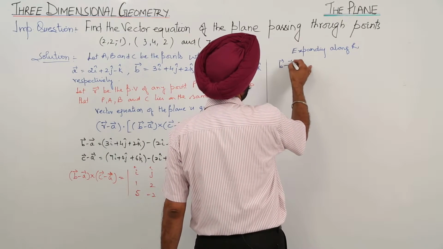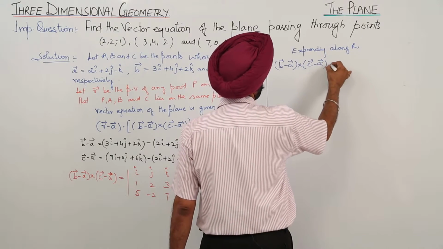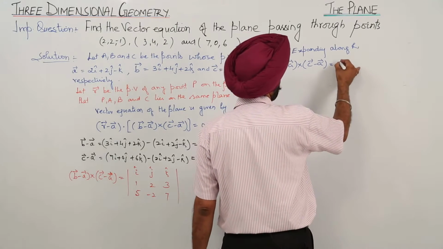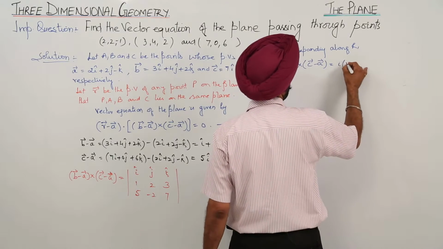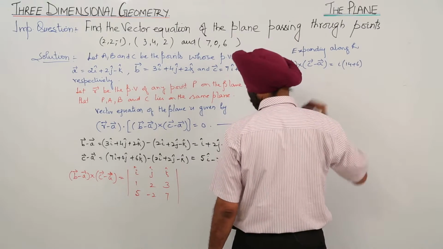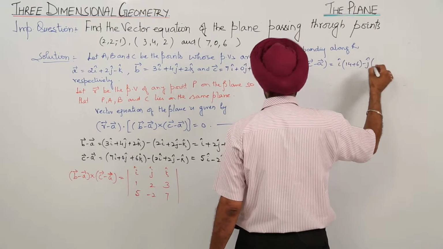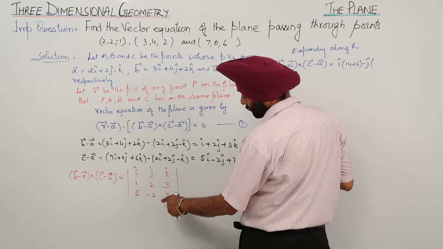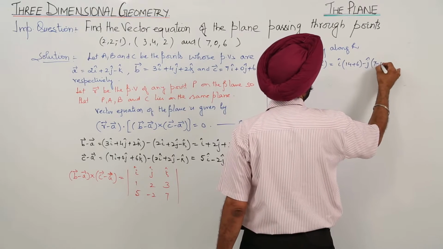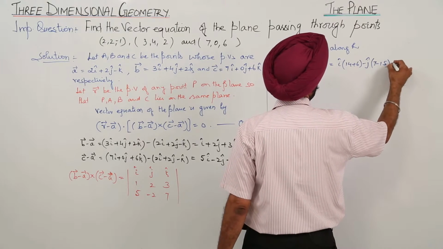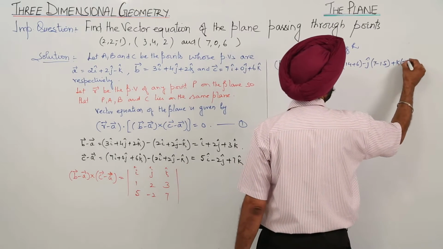Vector B minus vector A cross vector C minus vector A is equal to, now i cap with 14 plus 6, minus j cap with, now j cap, it becomes 7 minus 15, plus k cap with minus 2 minus 10.